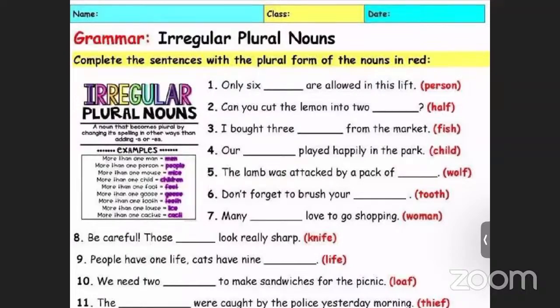We're just doing the first 10 and the rest will continue as homework.